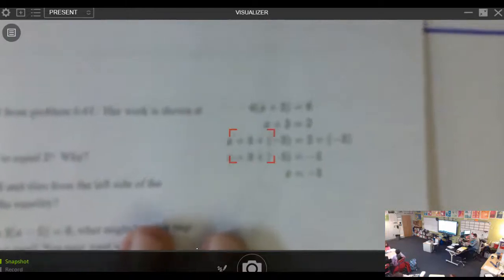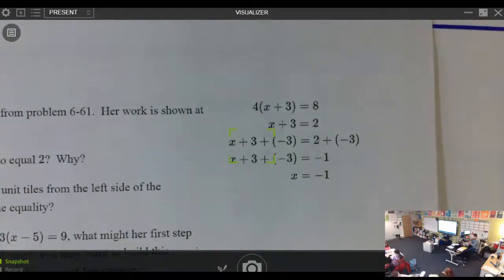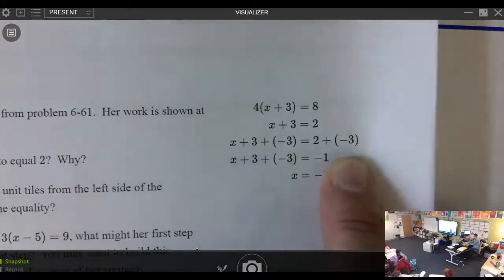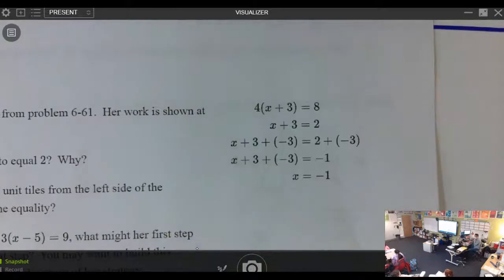If you want to make a note, because we're almost out of time today, here's that other way, taking the John route. Oh, come on, you are not focused. There you go. This is like minusing 3 from both sides. But if you were doing it with algebra tiles, we'd have to actually do 3 negatives. We end up with negative 1. That zeroes out. We get x equals negative 1.